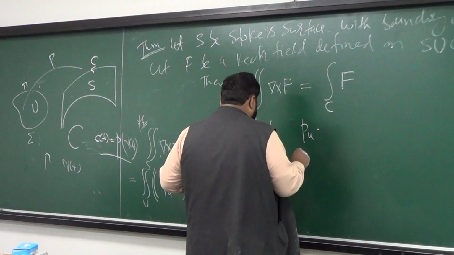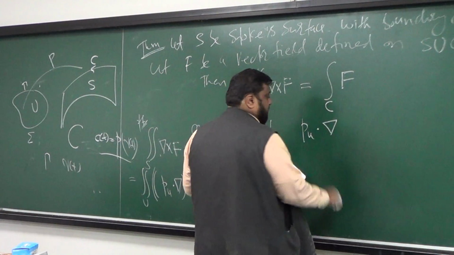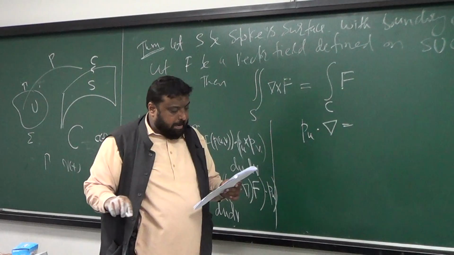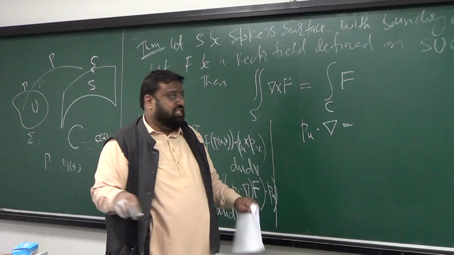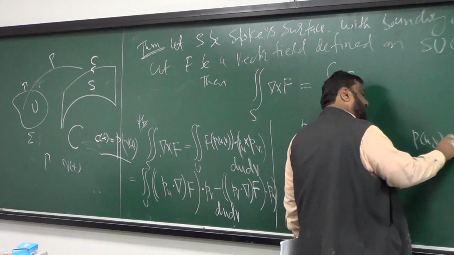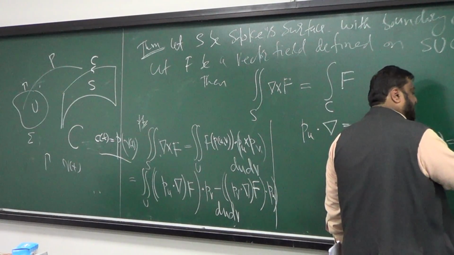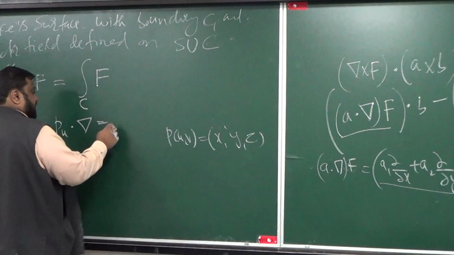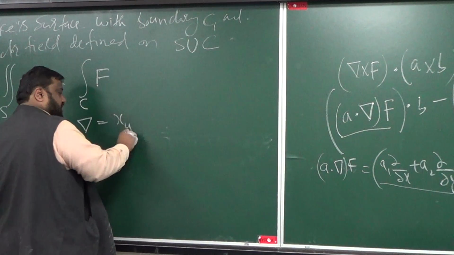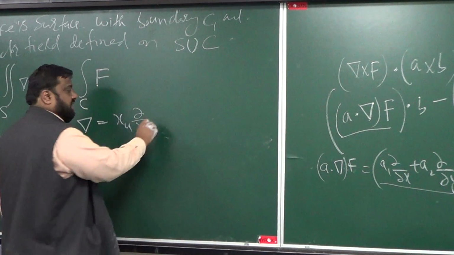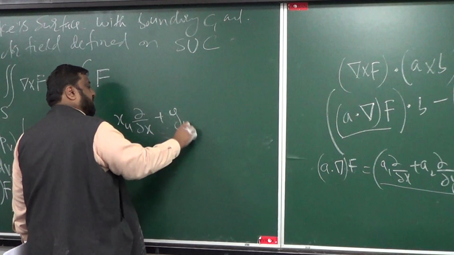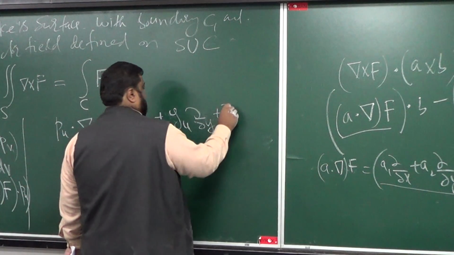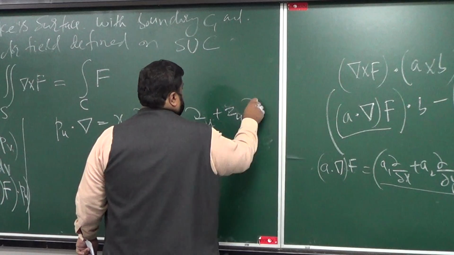Now, what is p_u dot del? If p, for example, takes values x, y, z, in other words, p is a map that takes values x, y, z, while x, y, z are all functions of u and v, then p_u is going to mean x_u partial by partial x plus y_u partial by partial y plus z_u partial by partial z.